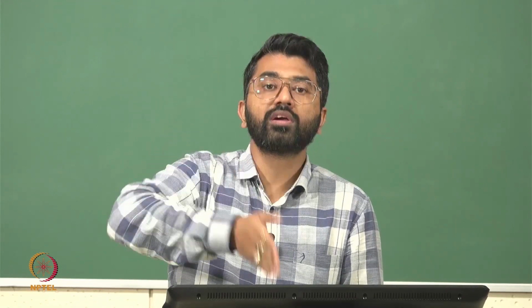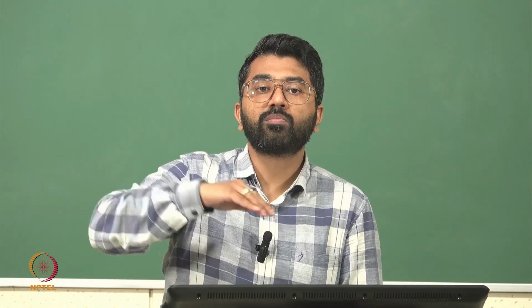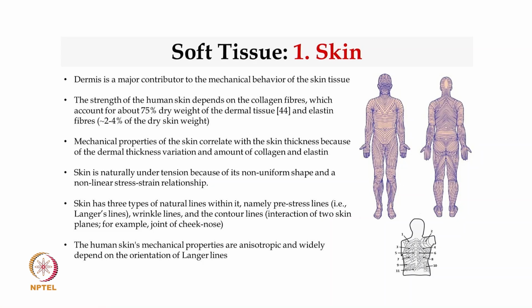One is vertical towards the head, one is orthogonal or perpendicular to that, one is at a certain angle, and along with that you have an overlay of the different Langer lines at the bottom. If you look at all of this together, you can clearly estimate that the mechanical properties of all these samples are going to be widely different, even from the same location, because skin is highly anisotropic. That's the representation this figure is trying to show.